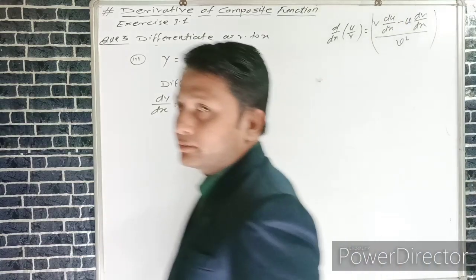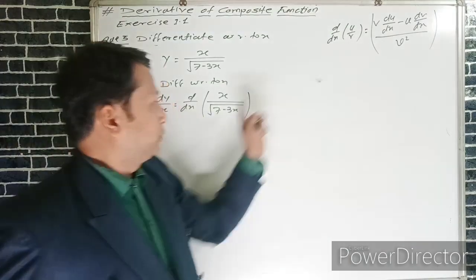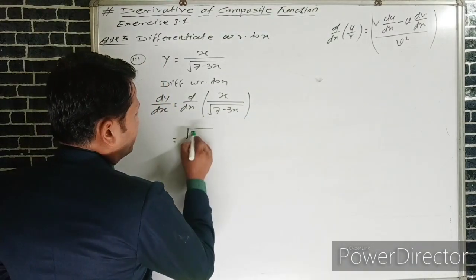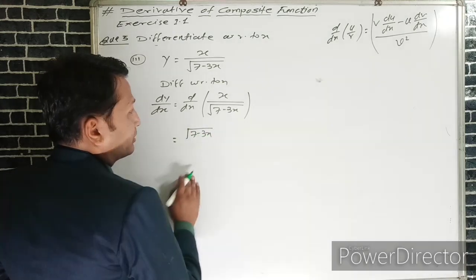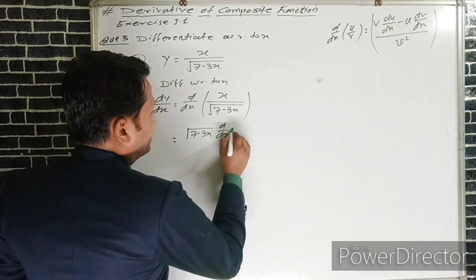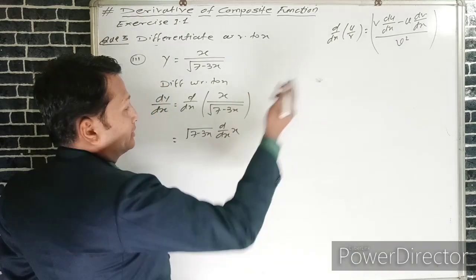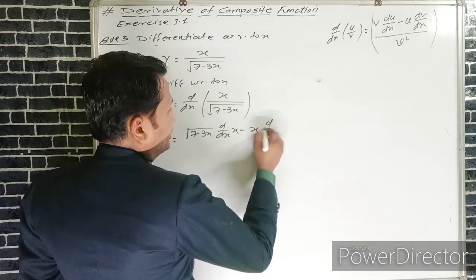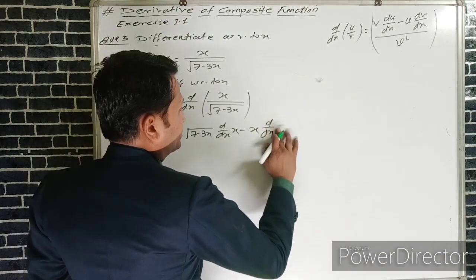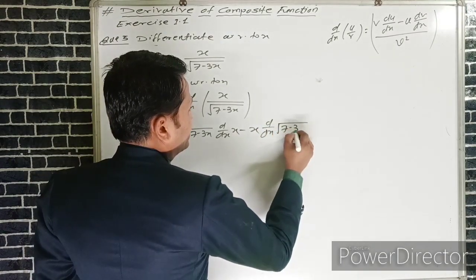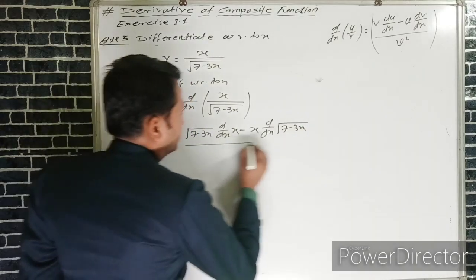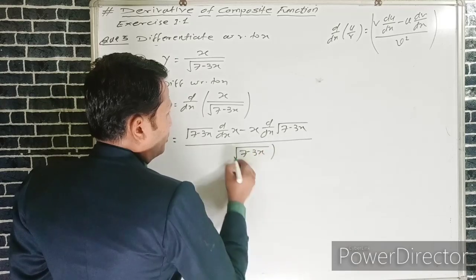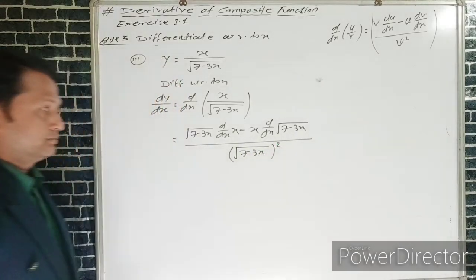means v square. By applying this rule, we can write denominator v, meaning under root of 7 minus 3x, into derivative of numerator, meaning x. Again the sign minus, u meaning numerator x, into derivative of denominator, meaning under root of 7 minus 3x, and the square of denominator, meaning under root of 7 minus 3x whole bracket square.